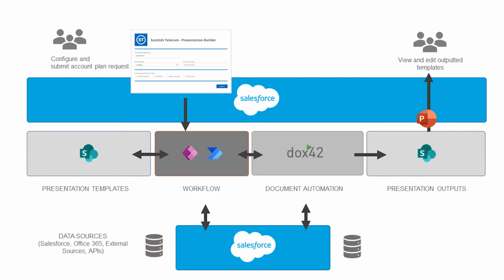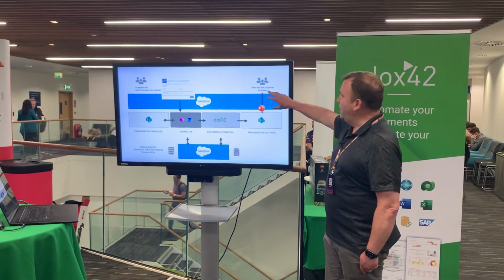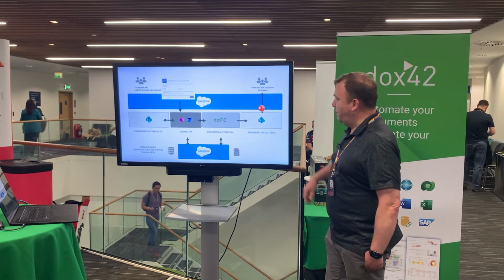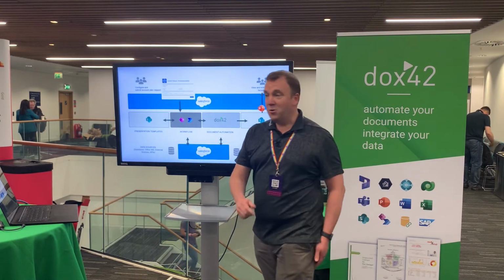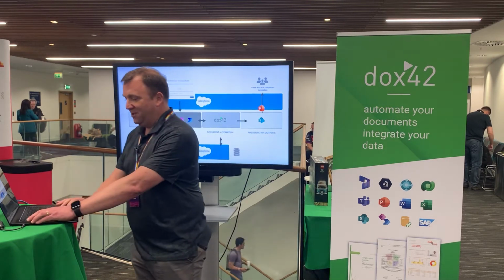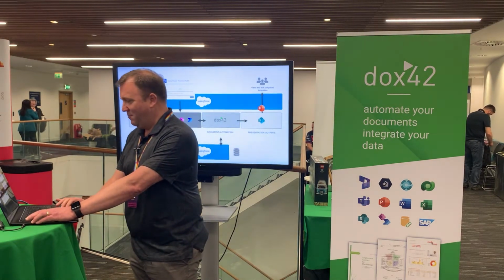This information could be coming from the Salesforce records themselves, from other external APIs, from the Microsoft 365 layer itself, and ultimately we're creating the templates that we need to output that as a PowerPoint presentation. So with that, we'll come on and have a look at this in action and see the process as it's happening.